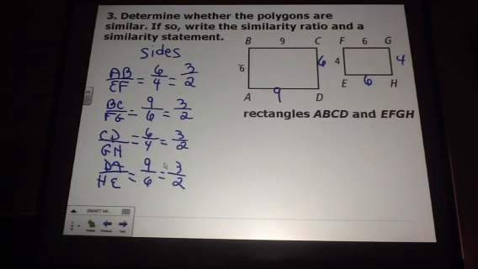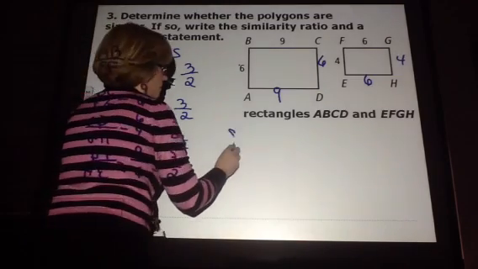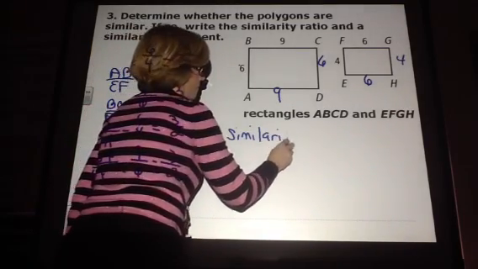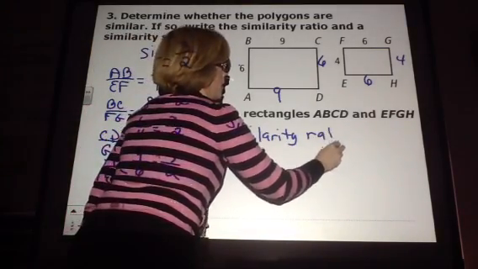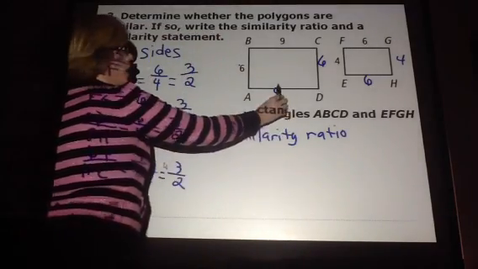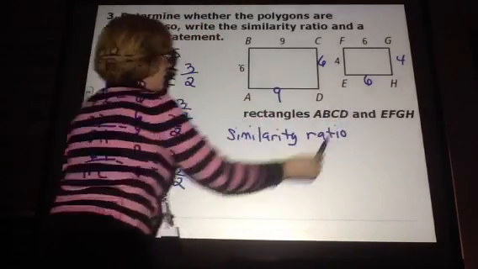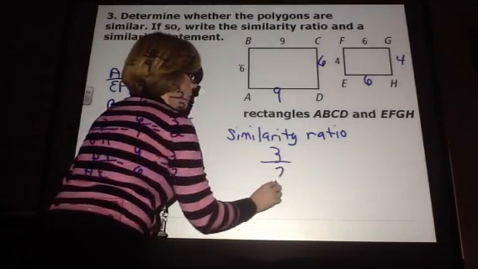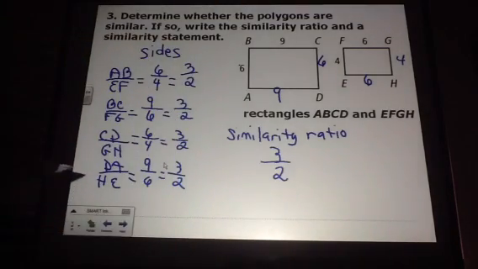Okay, got all my sides. They are proportional, so now I've got to write my similarity statement. Actually, my similarity ratio, okay? I went from this rectangle to this rectangle, so it's 3 over 2. It cannot be 2 over 3.